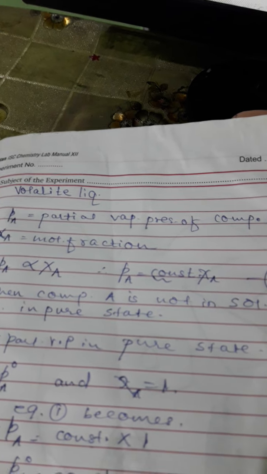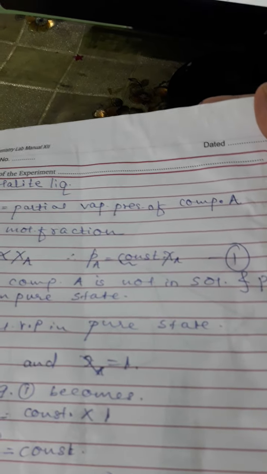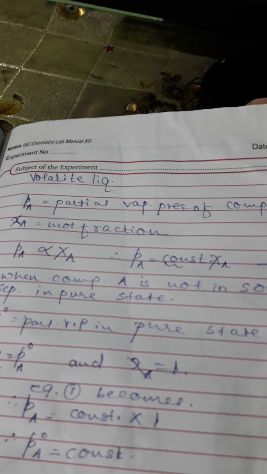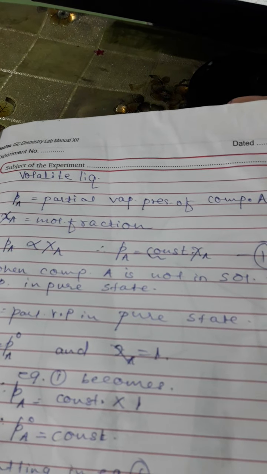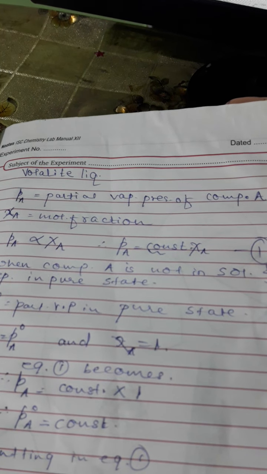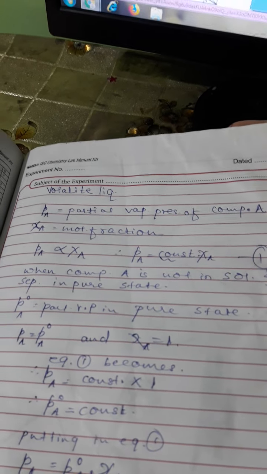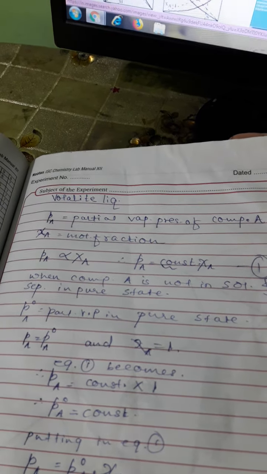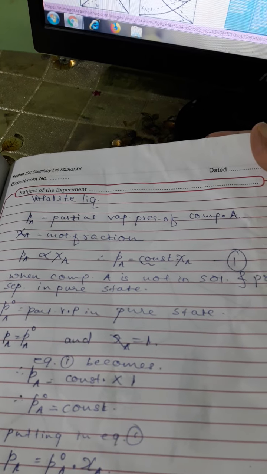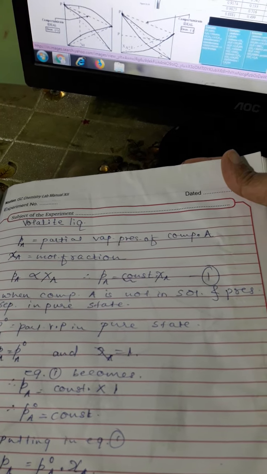Let p_A be the partial vapor pressure of component A and χ_A be the mole fraction of component A. Now we know that partial vapor pressure is directly proportional to the mole fraction. Therefore, p_A, that is the partial vapor pressure, is equal to a constant times χ_A.